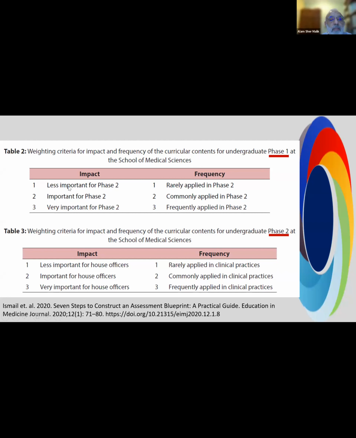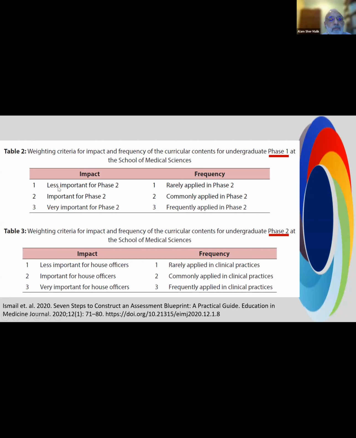So for example, there is something which we are teaching in the preclinical years, but it is less important when it goes to the clinical phase. That would be impact 1; if it is important, 2; and if it is very important, 3.